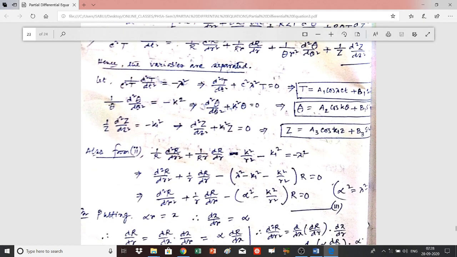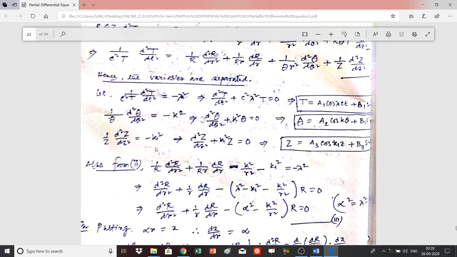This is clear from this expression: this term is equal to this term, and this term is equal to this. And from here d²R/dr² + (1/r) dR/dr − λ² taken here, so (−λ² − k²/r²) R = 0. You can write in this manner.